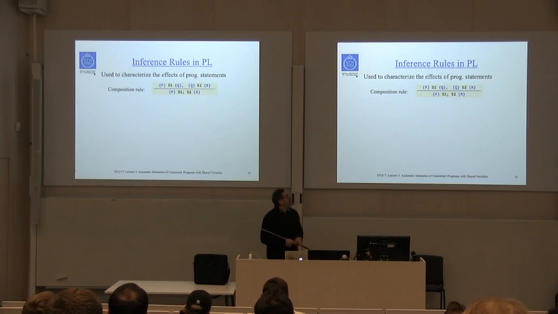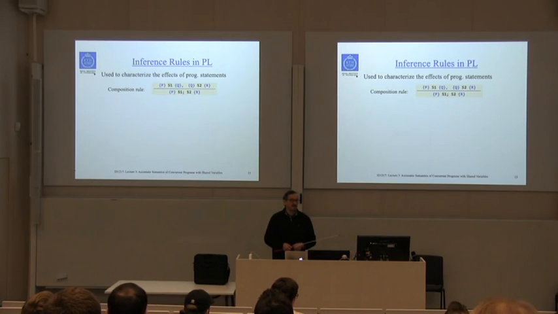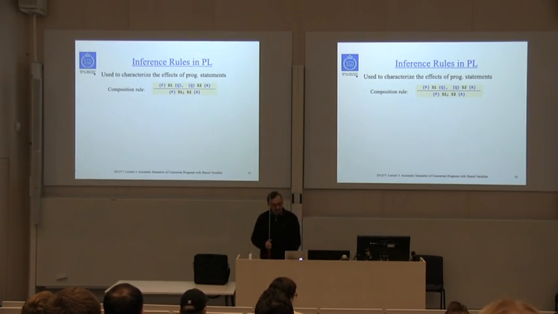You introduce an intermediate state and describe it: if you start in P and execute S1, then we move to Q, and if you start in Q and execute S2, then we move to R. These two premises can be proven separately, and if they are rather simple statements, you eventually end up with axioms. This is the composition rule that describes execution of the semicolon between two statements.